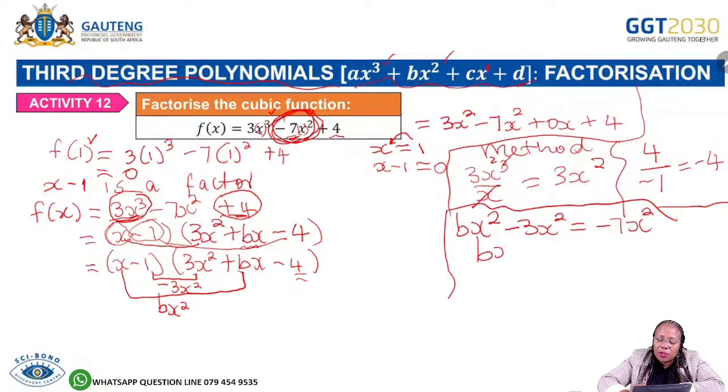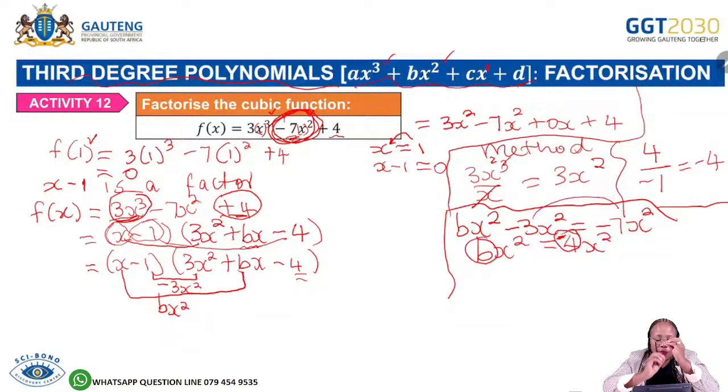And then that is bx squared equal to minus 7x squared minus 3, it will be positive. Negative 4x squared. Because minus 3 to the side will be plus 3. So minus 7 plus 3 is minus 4x squared. So now can you see the value of b is how much? It's minus 4. So all we need is that value of b to bring it to this expression here.